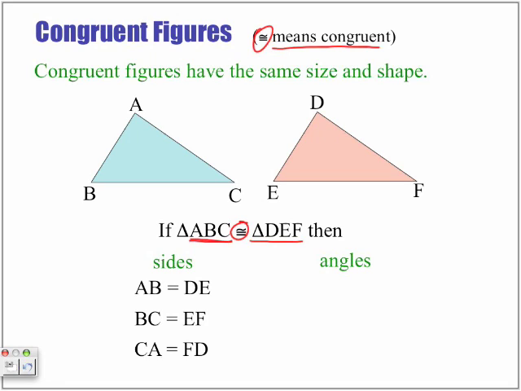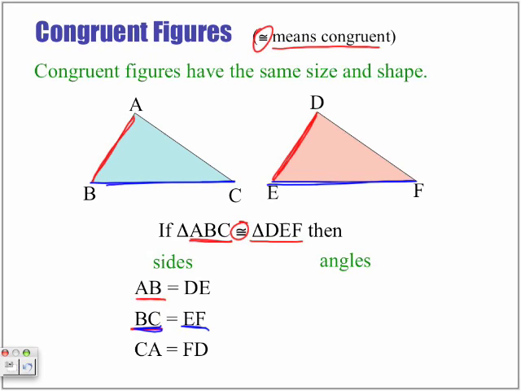Well, the fact that side AB is equal to side DE. Side BC is equal to side EF.